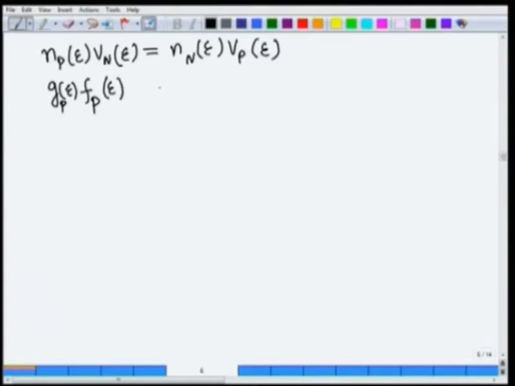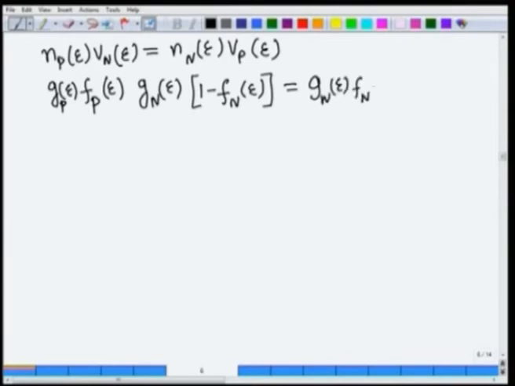What is V? V is equal to G, density of states on the n side, times 1 minus Fermi function on the n side, and this should be equal to likewise G on the n side, F on the n side, G on the p side times 1 minus F on the p side.